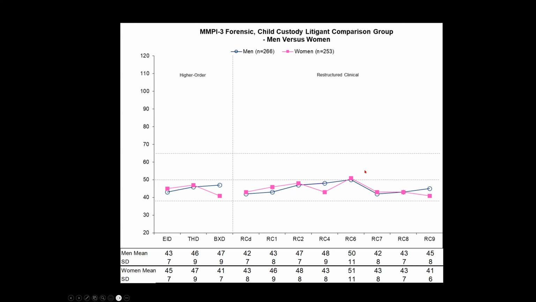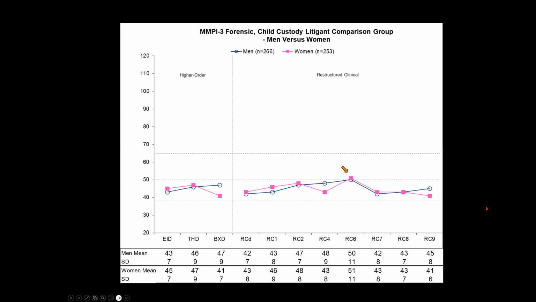The mean T-scores are fairly close to the general population mean on some scales, considerably below average on others. The standard deviations are larger than what we saw in our pre-employment samples, so there's going to be more variability. We're going to see more people scoring quite a bit higher than the mean for that comparison group. And the highest score here is on RC6.